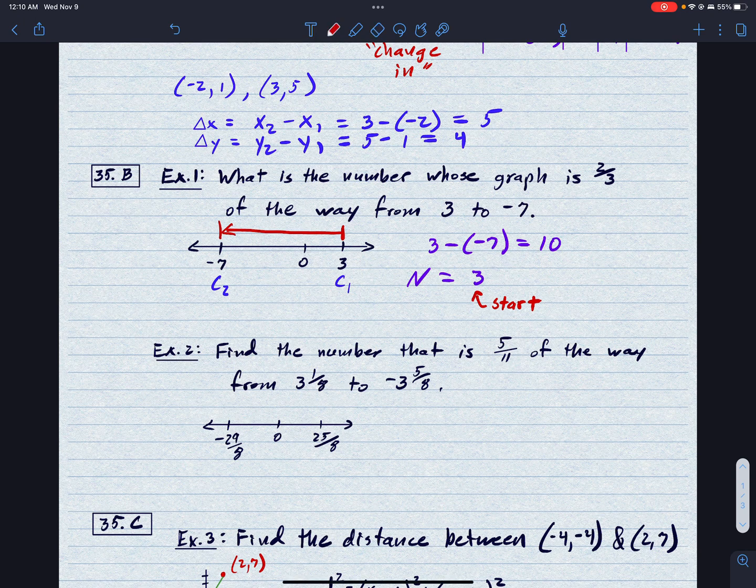But we are actually moving in a negative direction. So we're going to go minus 2/3 of 10. All right, so we start at 3, and then we do minus, because we're moving to the left, 2/3 of 10. And of course, 2/3 of 10 is what?